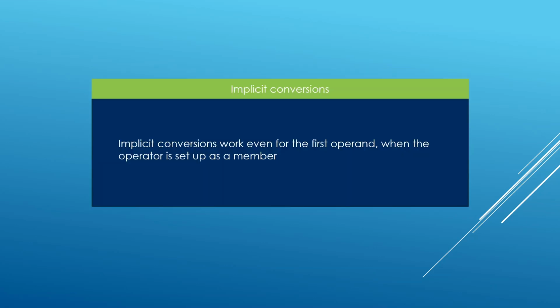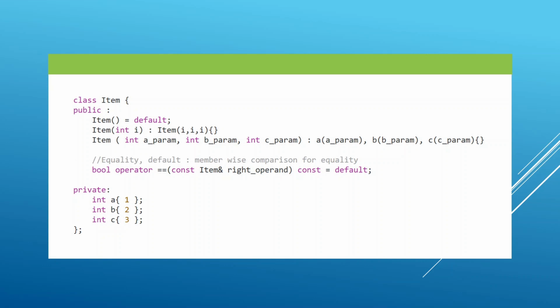Another thing I want to cover before we hit Visual Studio Code and start playing with code is the concept of implicit conversions. If we go back to our item class, we're going to see that we have a constructor that takes an integer. And what this means is that the compiler can use this constructor to build item objects using fundamental types like int or double.